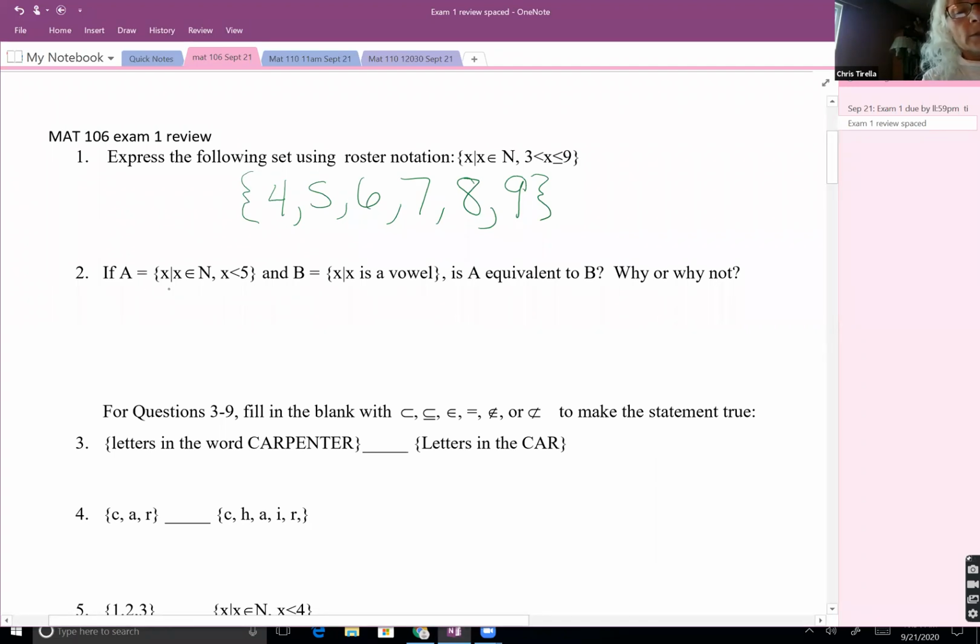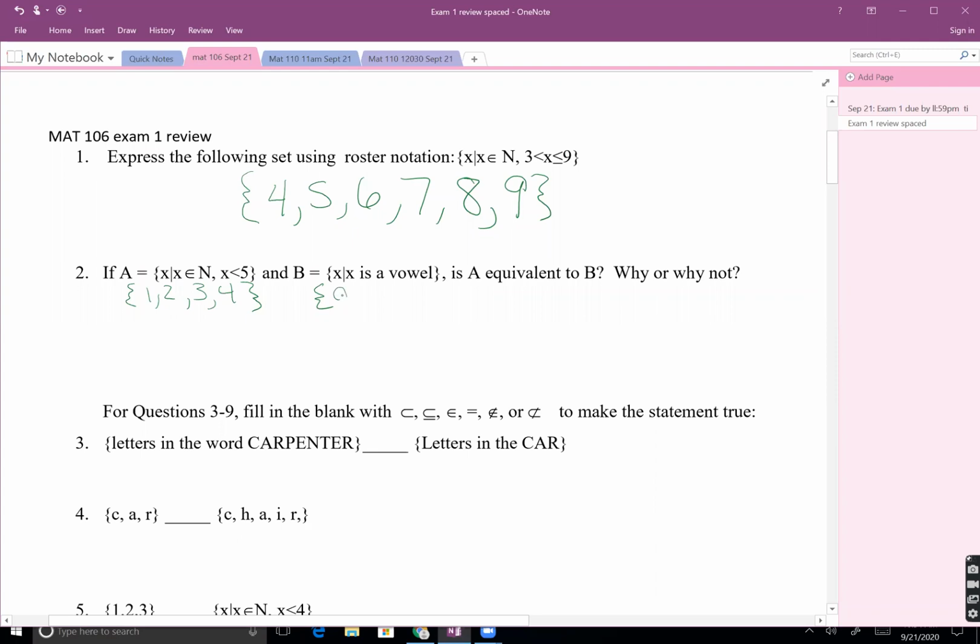What's this next one? If A equals the set of all x such that x is a natural number and x is less than 5, and B is the set of all x such that x is a vowel, is A equivalent to B? Why or why not? What's in A? 1, 2, 3, 4. What's in B?